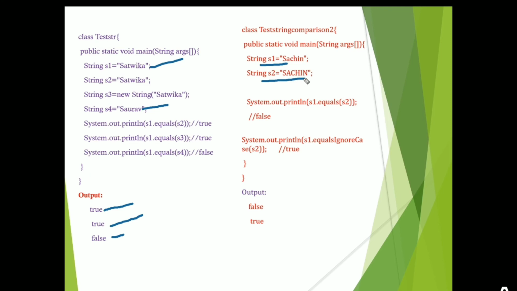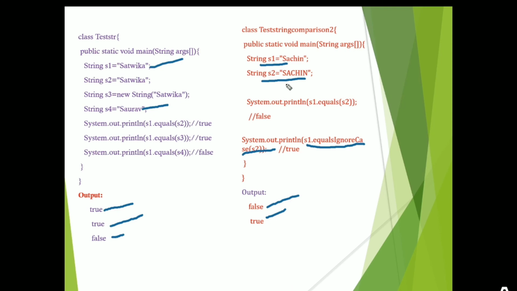When we compare s1.equals(s2), it returns false, because equals means all cases must be the same. S is matching, but here A is small and there A is capital, so it returns false. And when we use equalsIgnoreCase, it returns true, as S matches, A matches, and it ignores the case.